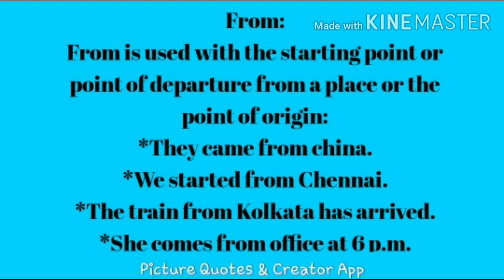And the second one, we started from Chennai. The train from Kolkata has arrived. She comes from office at 6 p.m. If you take all the sentences, from is used to point out the starting point.